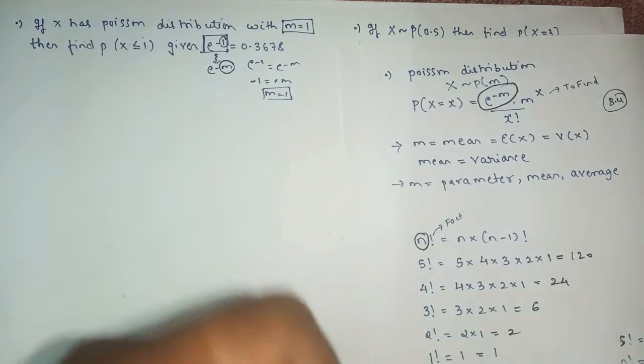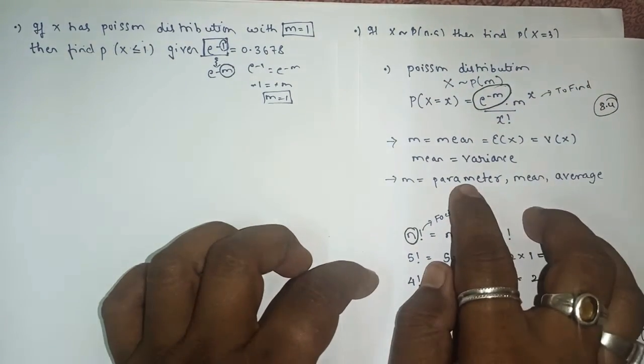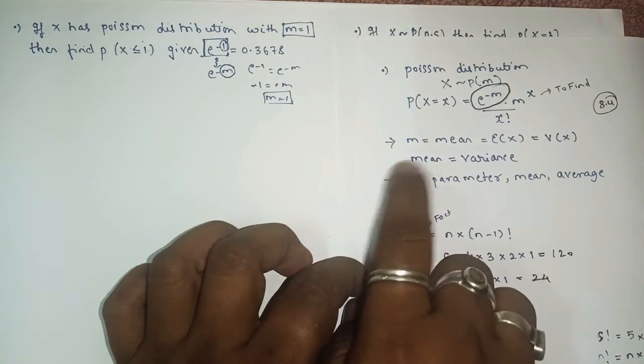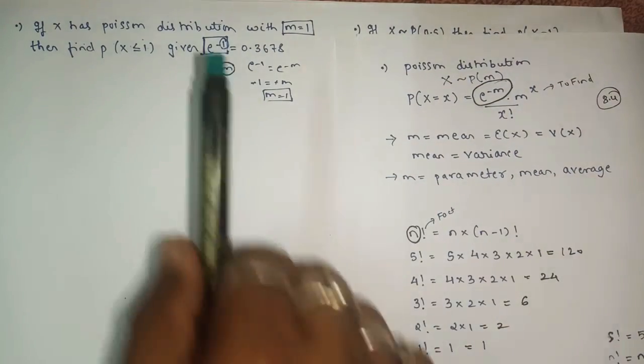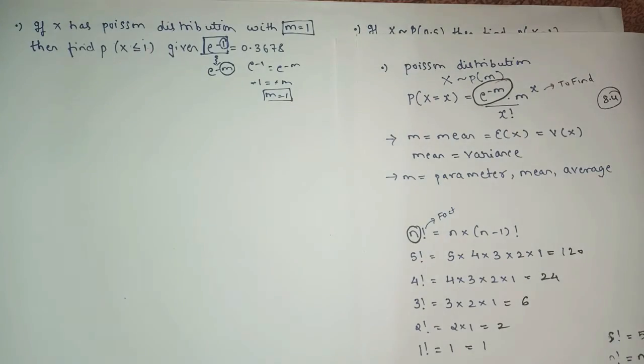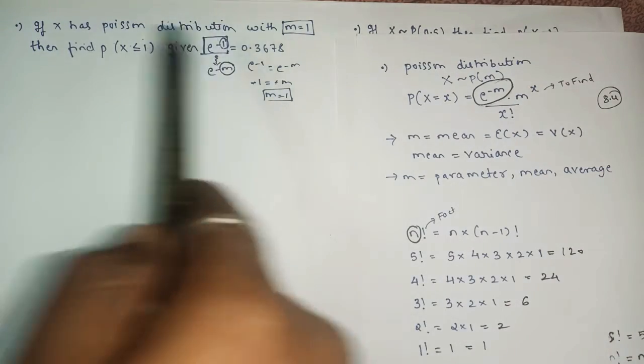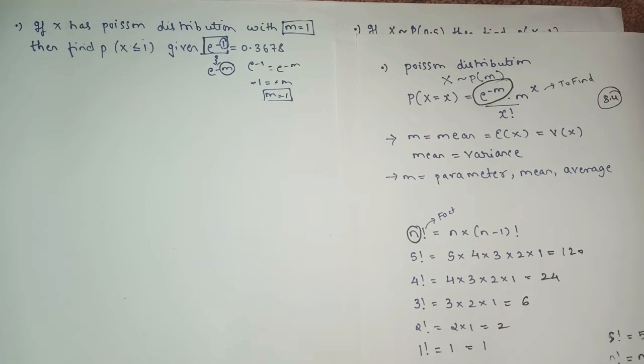Or sometimes in the question they will use the word parameter, mean or average, and from this also we can easily find the value of m. But here we have the ready-made value of m, and even the e raised to minus 1 value, and we have to find P(x less than or equal to 1).